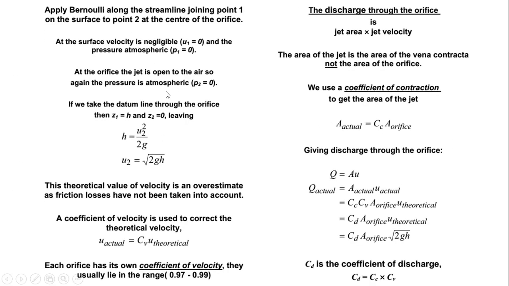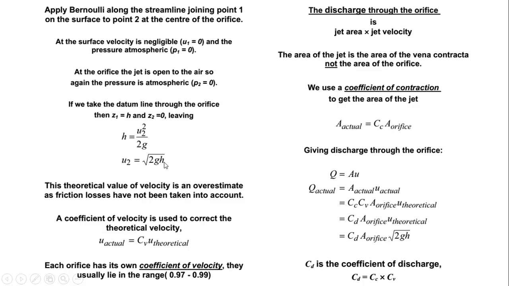If you work with the Bernoulli equation, P1 over rho G plus U1 squared over 2G plus Z1 is equal to P2 over rho G plus U2 squared over 2G plus Z2, we'll simply get an equation H is equal to U2 squared over 2G. So our U2 in this case will be the square root of 2GH.